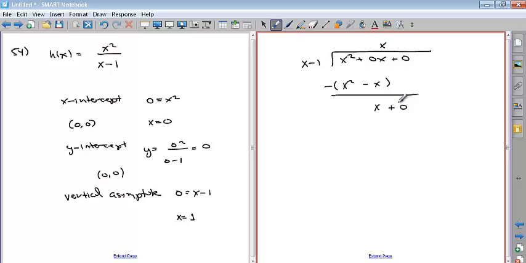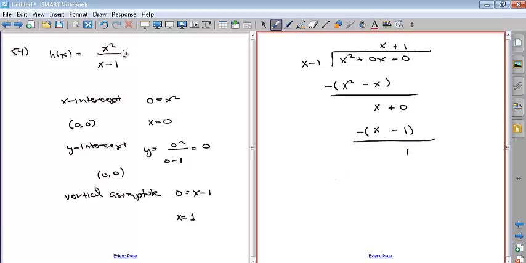Bring this down. What do I need to multiply x by to get x? The answer is 1. 1 times x is x. 1 times -1 is -1. We're subtracting those, so those cancel out. You get 0 plus 1, which is 1.